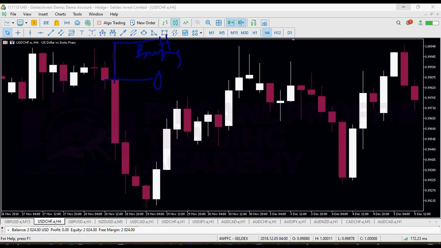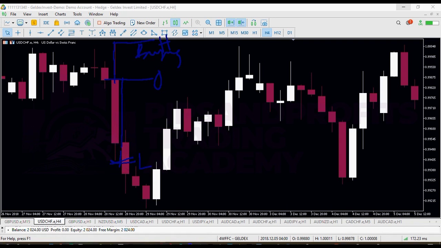And then, still, the bears were strong. They were strong enough, so they pushed price to a lower point. So this is a low. And based on the time frame, when the time frame elapsed, they met the bulls again.